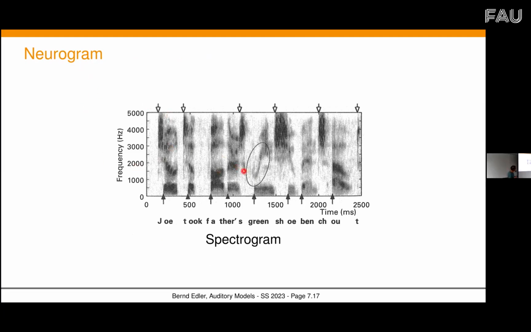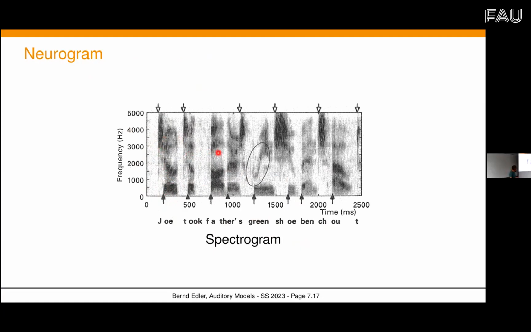But here we would first look into a spectrogram. This is what we know. In this case, it's not colored, but just grayscale, with high sound pressure levels having dark color, and low sound pressure levels having a light color.